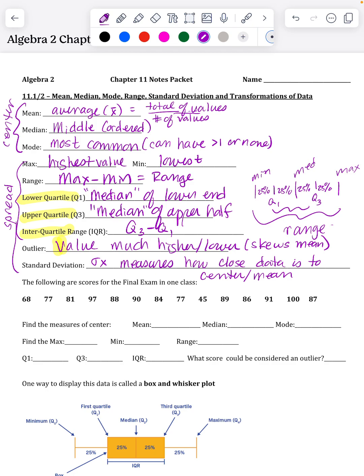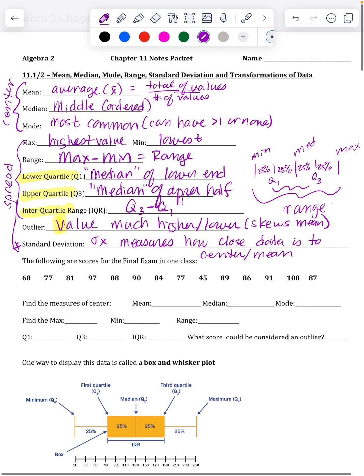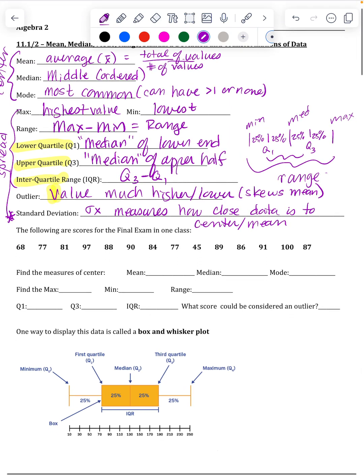So if you say, oh, the average on the test was an 82 and the standard deviation is 3, it means that most of the data differed from that mean of 82 by 3 points. So maybe up 3, which would be 85 points, down 3, which would be 79. So it's just a measure of how spread out the data is, the typical spread around the mean. And that's something we'll dig into a little bit in a future lesson.